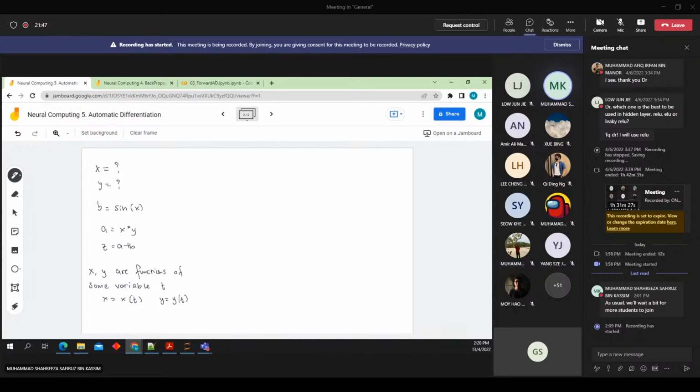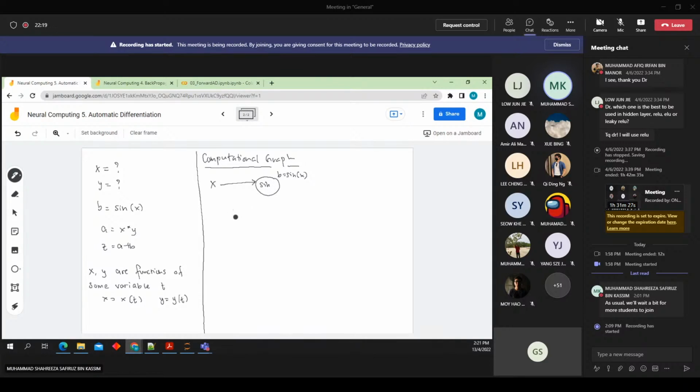So the computational graph. I think you can do the computational graph by now, right? This is sine of x, and just write sine here, because usually the operation is inside the circle. So b equals sine of x.